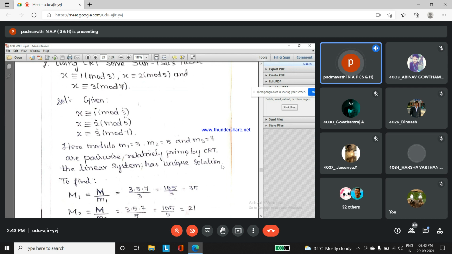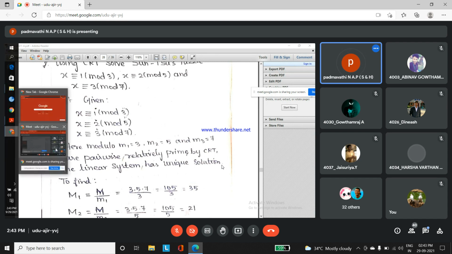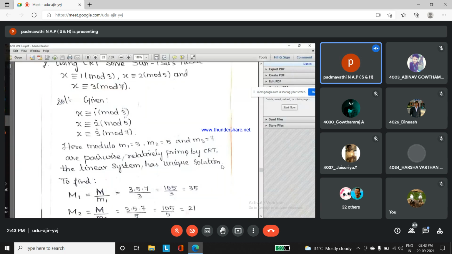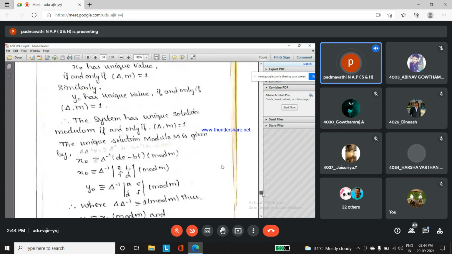So what is capital M? Students, what is capital M? In the Chinese remainder theorem, what is the value of M? Go back through the Chinese remainder theorem.